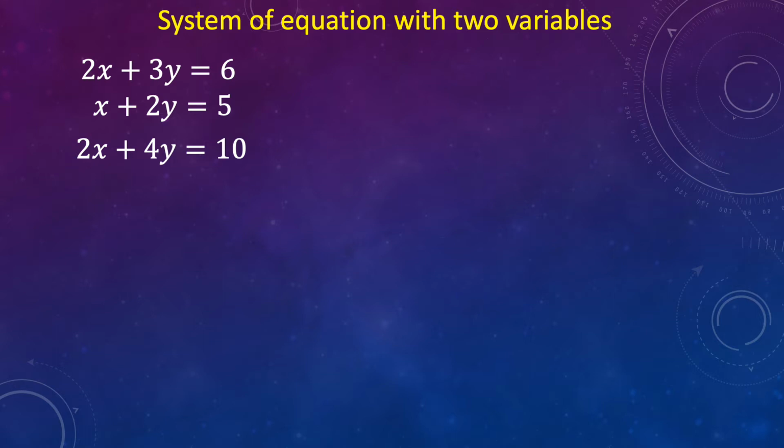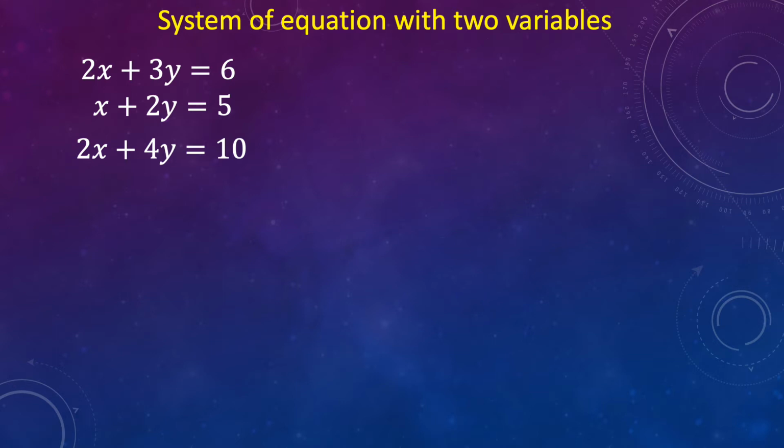In order for us to eliminate x, we must make sure the coefficient for x is the same, right? In this case, the coefficient of x is already equal. Then we have to look at the symbol. These two are positive, therefore we minus.